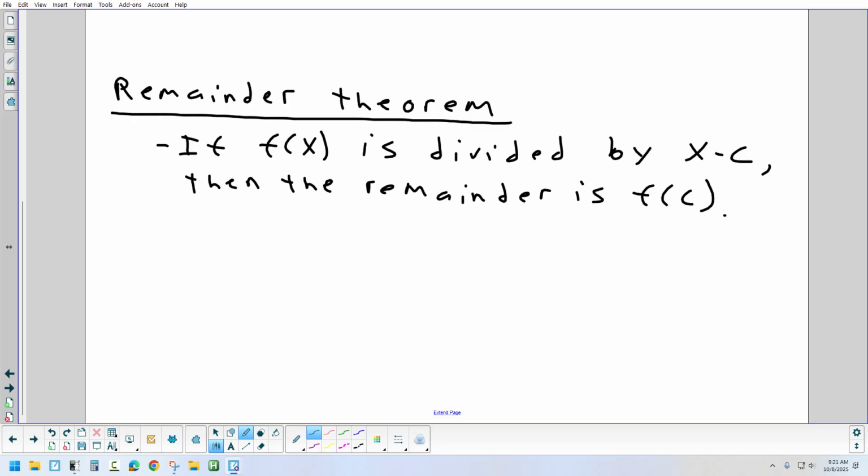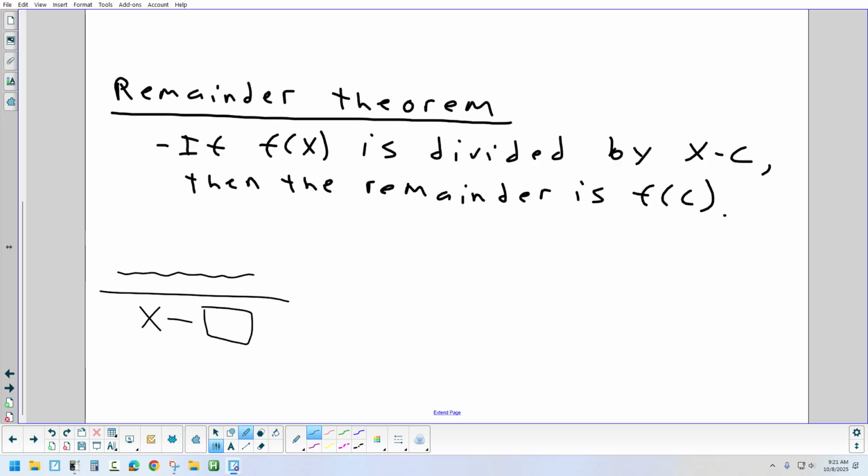One thing about this theorem is that it only works in a very particular situation. You can have anything you want in the top, any polynomial, but the bottom has to be x minus a number, just like that.